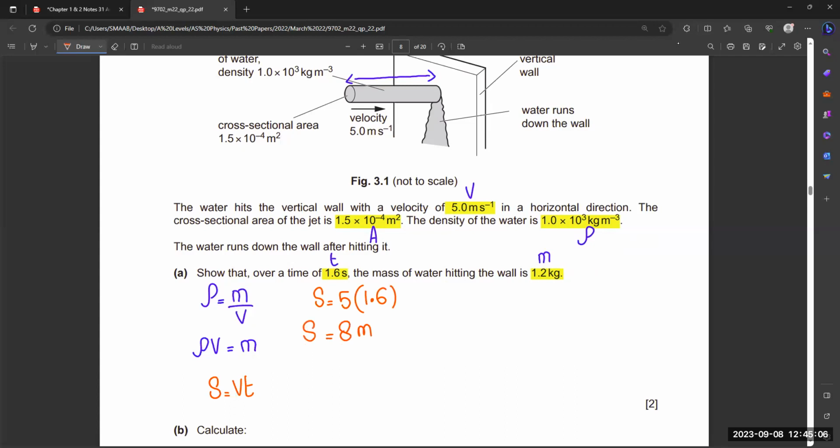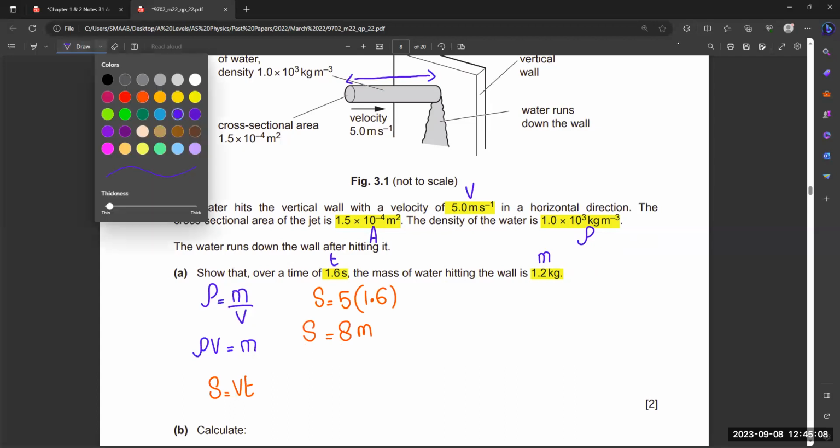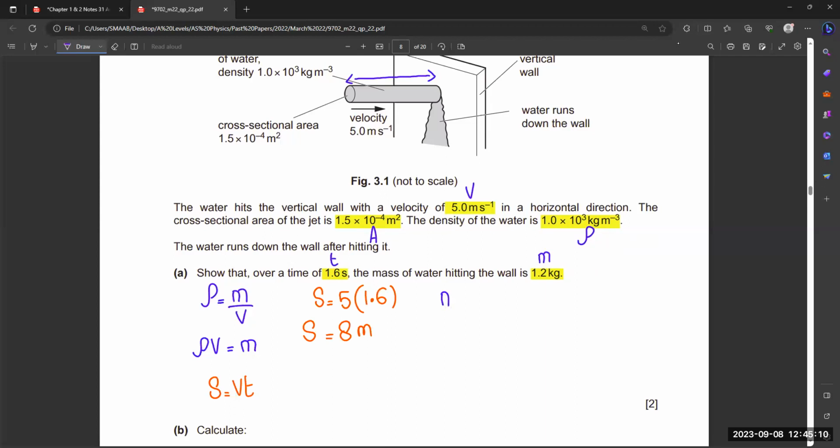Now we can easily use the density formula again to find the mass, or we can find the volume by multiplying 8 by the cross-sectional area, 1.5 times the density, 10 to the power.